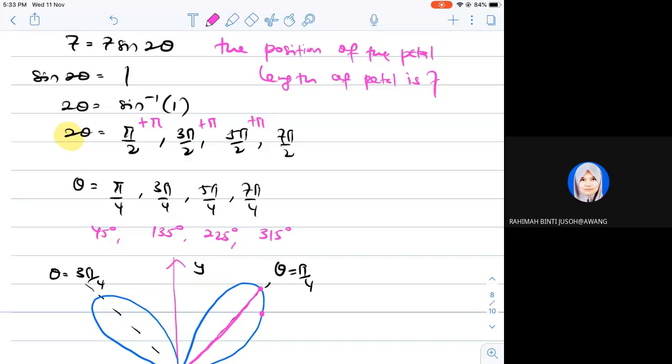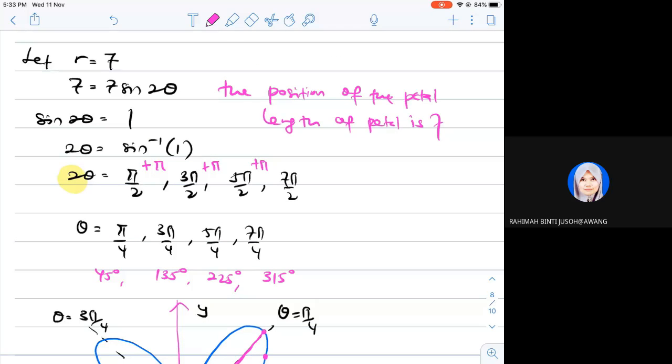This is the easier way to sketch the roses unless you want to memorize. You can memorize the shape for 3 theta, for 5 theta, 6 theta. But it is ridiculous to memorize up to 12 theta, for example, where the positions are. How can we remember? So that's why I always teach my students to do it this way. Okay, you let your radius be the length of the petal.